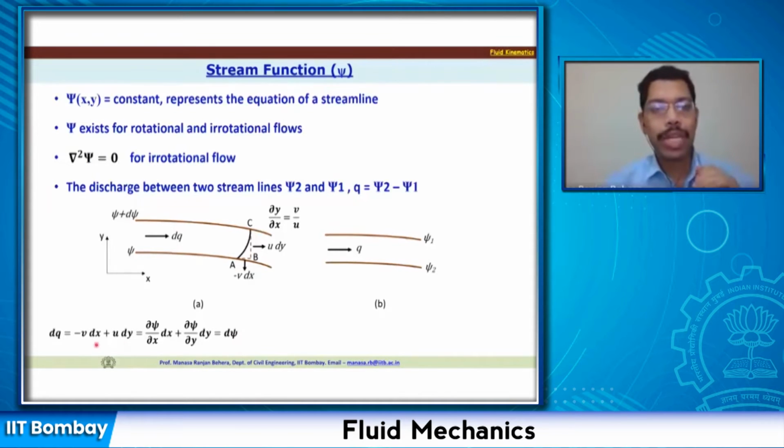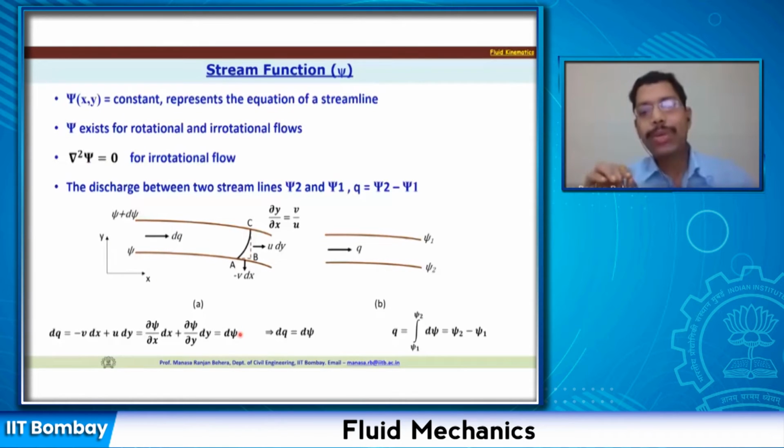Alright. So dq, or the discharge through two streamlines, can be obtained, and it is nothing but the difference between the values of the two streamlines. So I can integrate this: if dq equals dψ, q equals the integral from psi 1 to psi 2 of dψ, and then I will be able to write psi 2 minus psi 1, which is nothing but my discharge q.